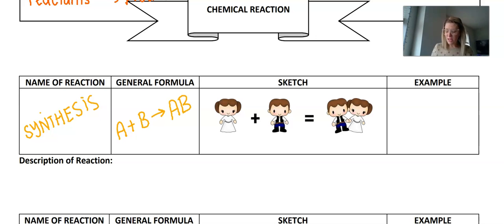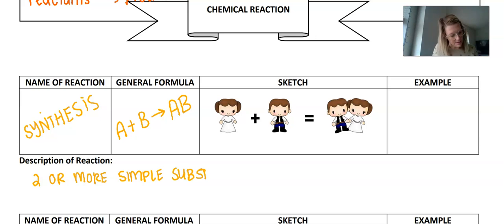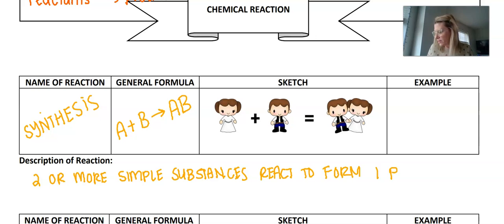If we're going to describe this reaction, it's two or more simple substances react to form one product.